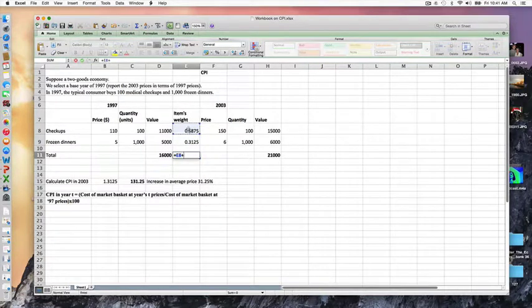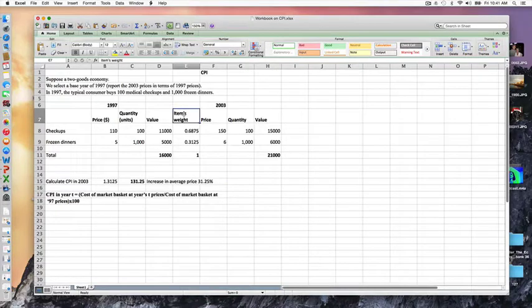This weight plus this weight, 100 or 1. Good, so that's correct. And let's see, so I spent 68% of my total money on checkups and 31% on dinners.